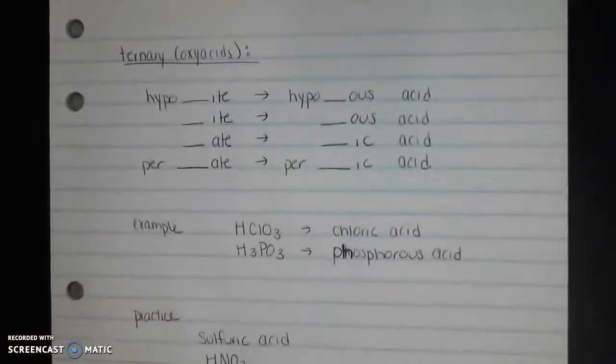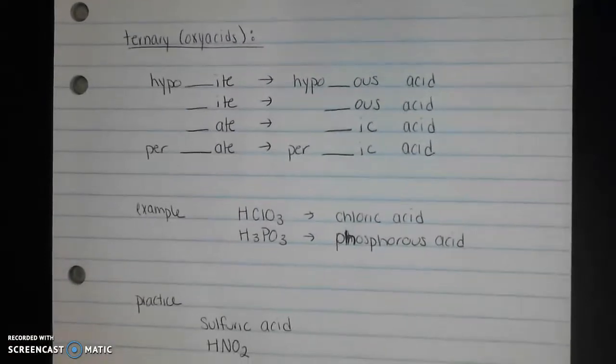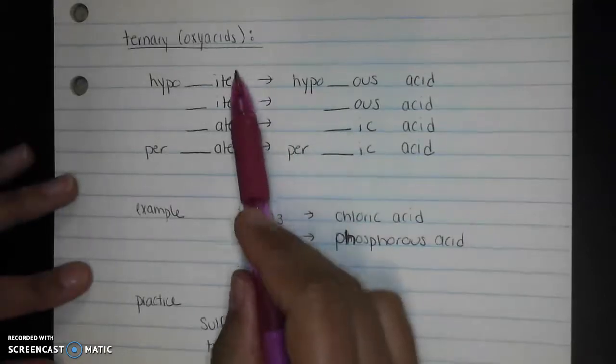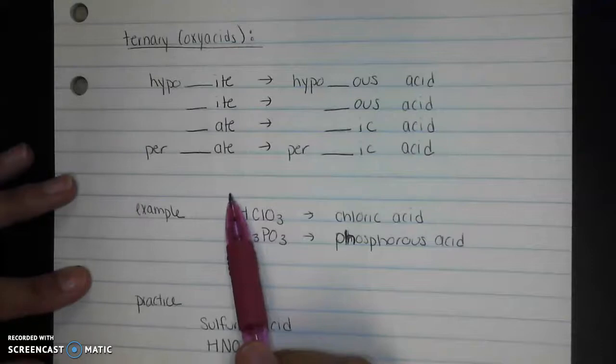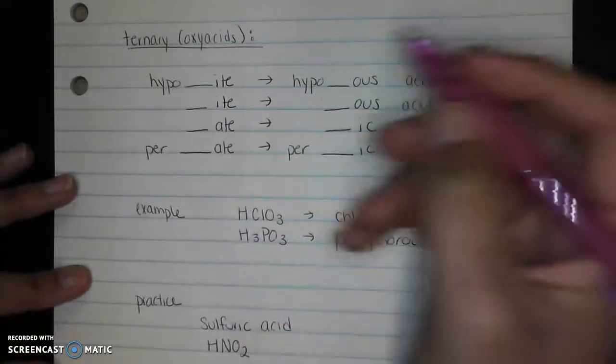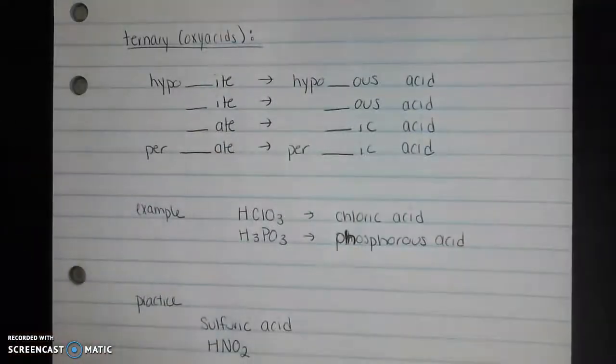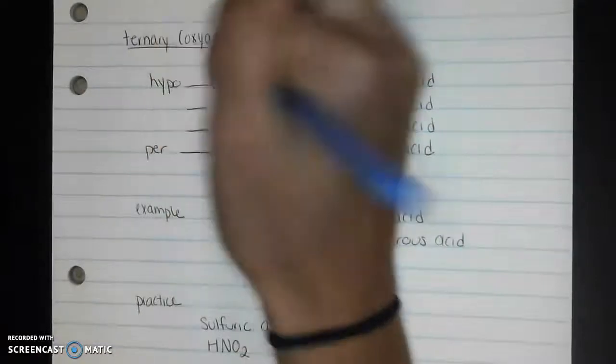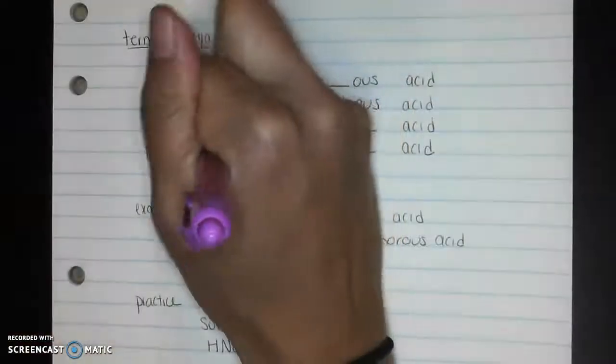On to ternary. So ternary is a little bit different, but it's not bad. It goes off of the ending of a polyatomic ion. So we know that polyatomic ions typically end in -ite or in -ate.